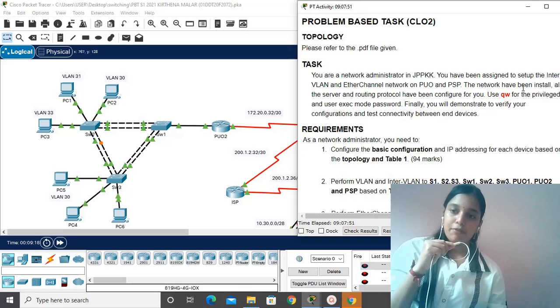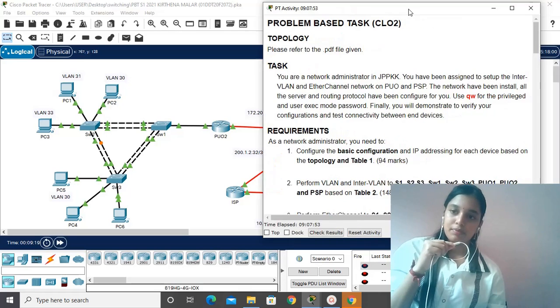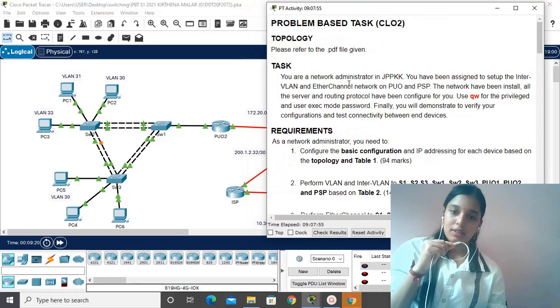The network has been installed. All the server and routing protocol have been configured for you. Use QW for the privilege and user access mode password. Finally, you will demonstrate to verify your configuration and test connectivity between the devices.